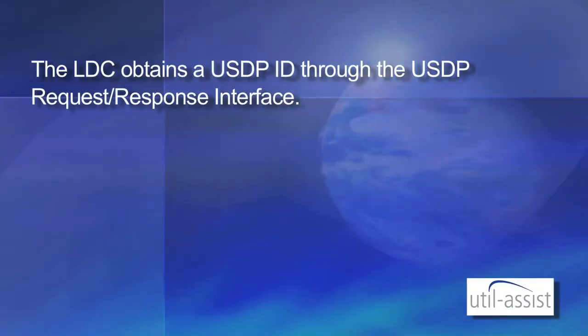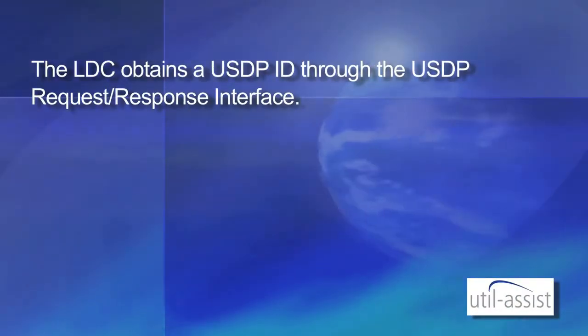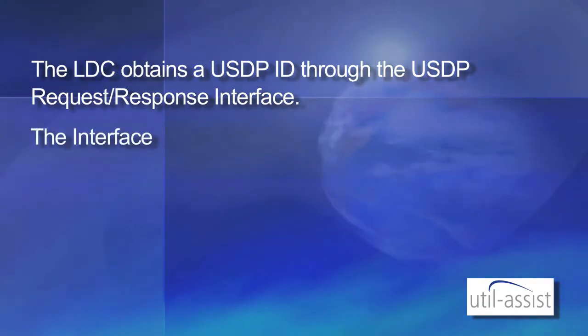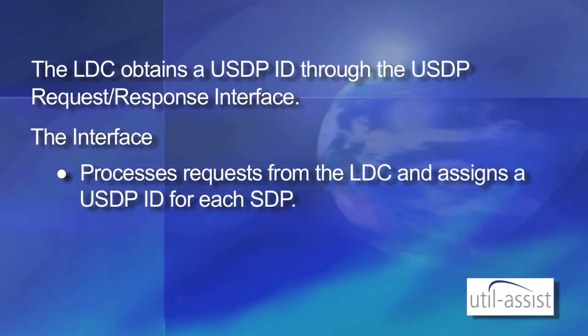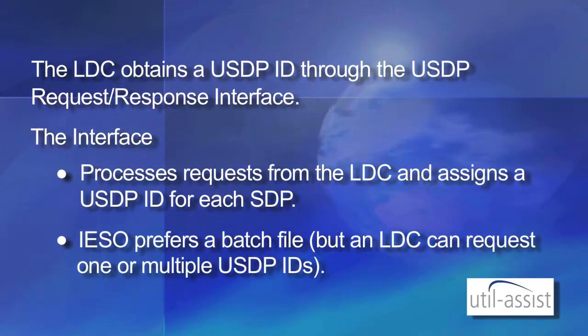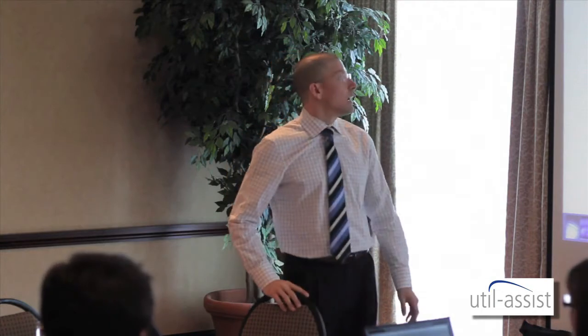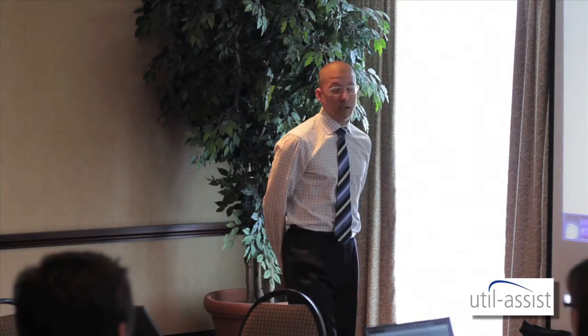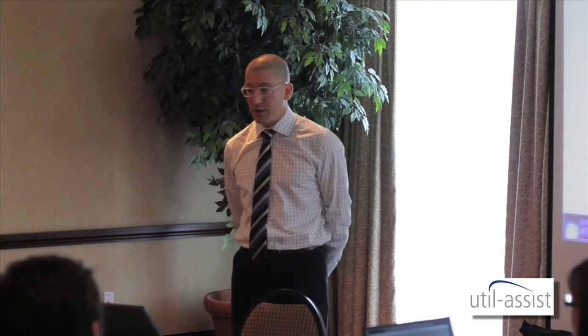The LDC obtains a USDP ID through the USDP Request and Response interface. The USDP Request and Response interface processes requests from the LDC and assigns a USDP ID for each SDP. ISO prefers a batch file, but an LDC can request one or multiple USDP IDs. So the interface to acquire USDPs is fairly simple. You send them a request for USDP IDs and they respond to it and provide you the USDP IDs.